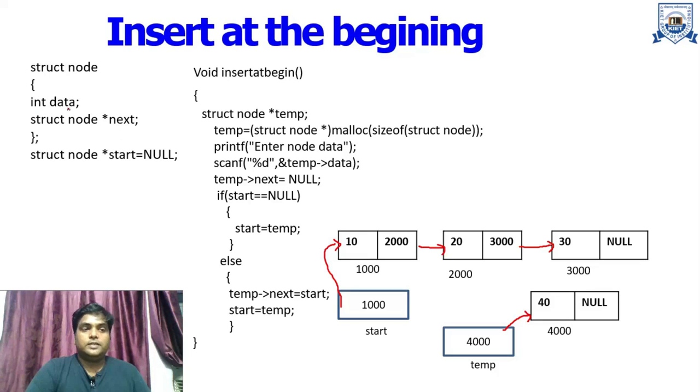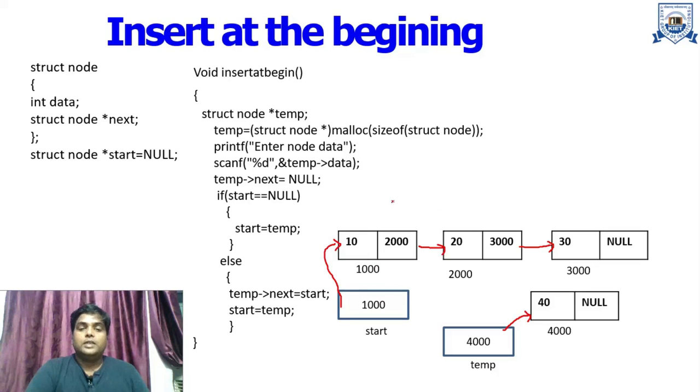Here we choose integer information, so the data type is integer, and the next field is a pointer that points to the address of the next node. The next field is struct node pointer next, and the start variable points to the very first node. So let's suppose we have this structure of a linked list.